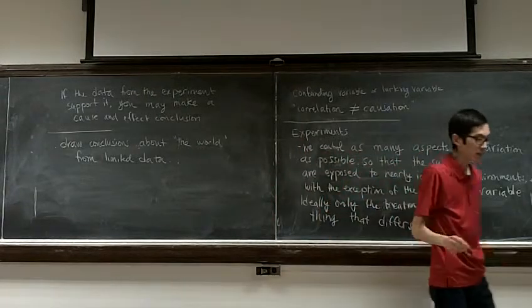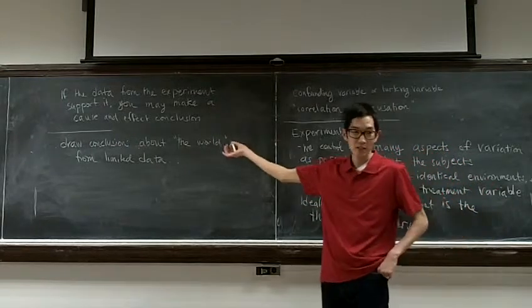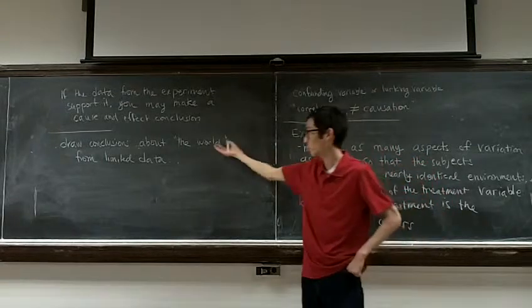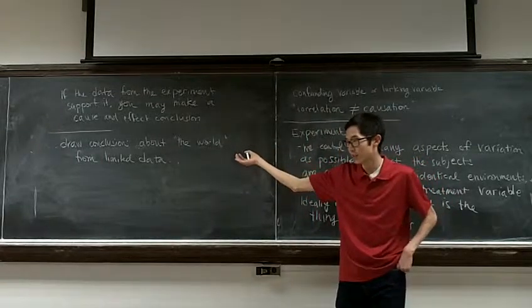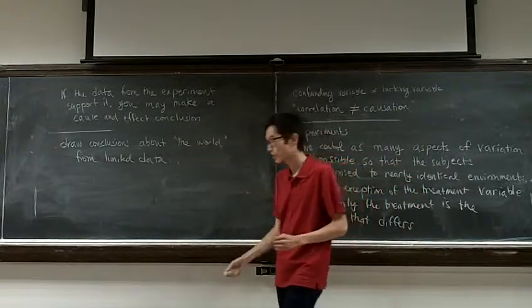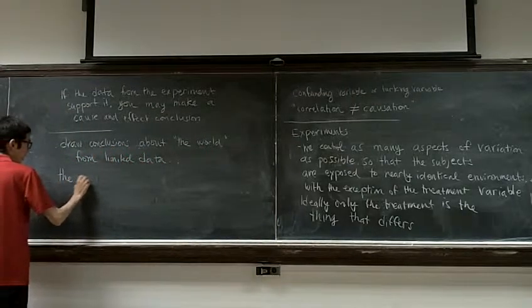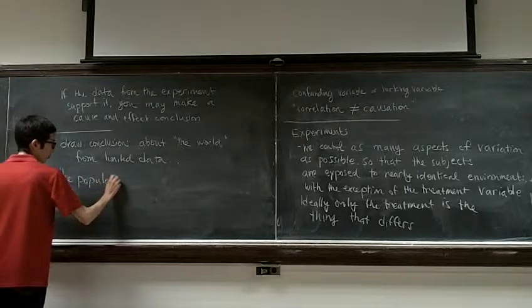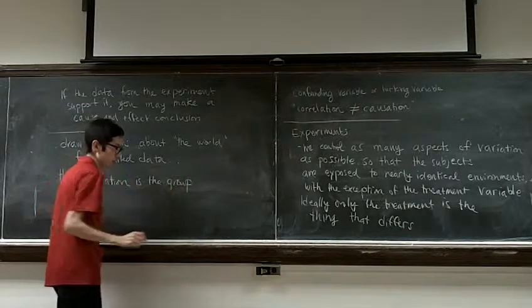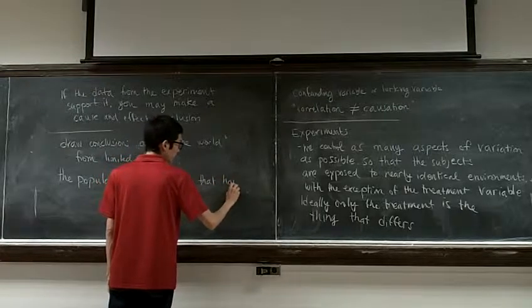The idea here is that we cannot study everyone in the world, or everyone that we're even interested in. I write the world in quotes here because this just represents everything that you're interested in. The technical term we use is the population. The population is the group that has everyone that you are interested in.